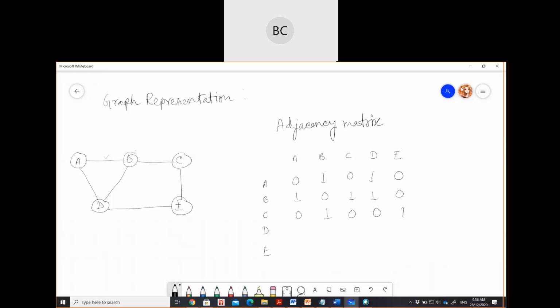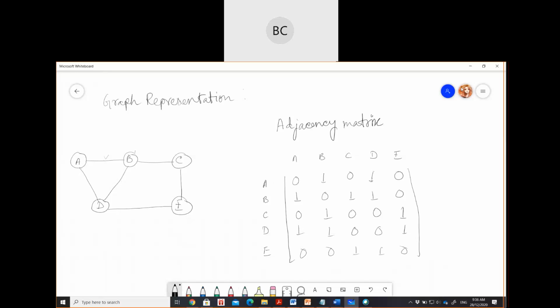From D, three adjacent nodes, A, B, and E. So you just write A, B, and E. The value will be 1, rest will be 0. From E, two adjacent nodes, C and D. So just write C and D and the rest will be 0. Okay, this is your adjacency matrix.